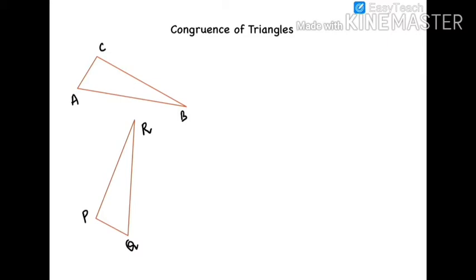Let's understand the meaning of congruence in triangles. We have already studied in lower classes that two triangles are congruent if the sides and angles of one triangle are equal to the corresponding sides and angles of the other triangle. The sure way of knowing that these two triangles are congruent or not is by overlapping them.